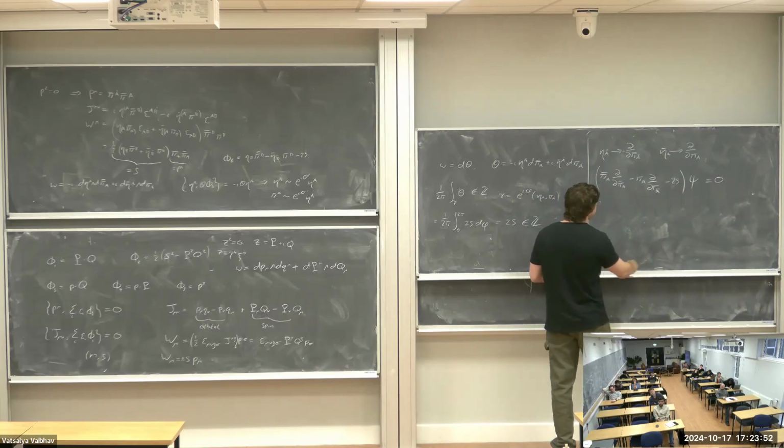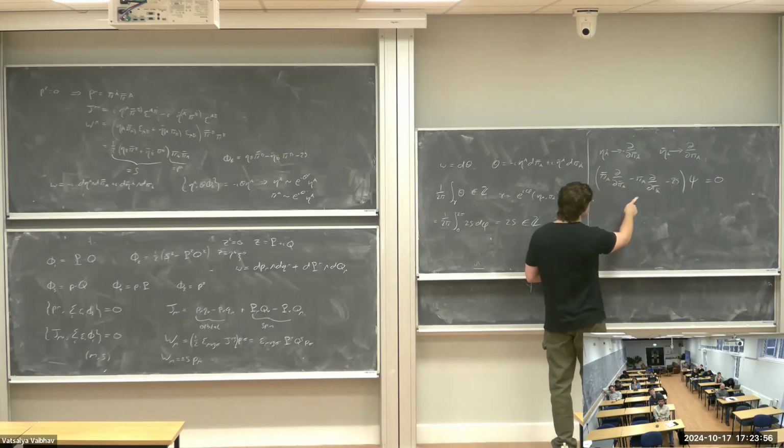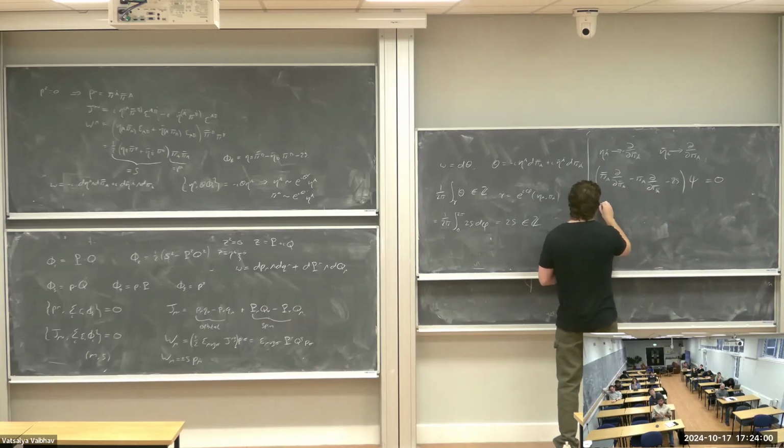So if I only look at wave functions which depend on pi and not pi bar, this is telling me that it must be a homogeneous polynomial. You've got my signs wrong. I'm doing it like that and that.